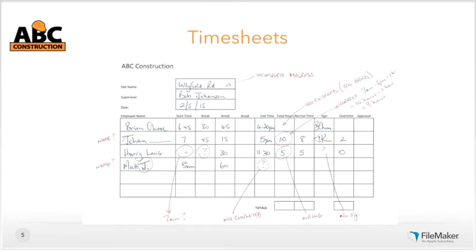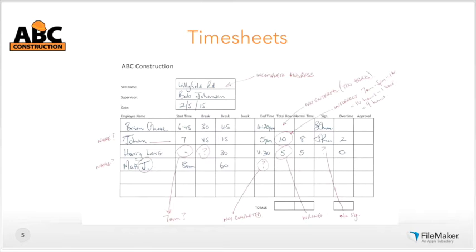For example, there is incomplete information like the site name or the contractor's names. A major problem is that people don't often correctly calculate their hours. So you can see that Johan started at 7 a.m. and worked until 5 p.m. with a total of an hour on breaks. But it seems he forgot to deduct his breaks and he's come up with 10 hours instead of 9.